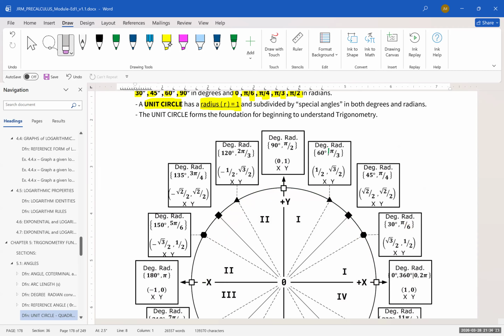The reason why I designed this unit circle this way is you'll notice this shape here, which is the intersection between the terminal side and the unit circle. I marked that with a hexagon. It's a hexagon because a hexagon has 6 sides. I used a square to represent where the terminal side and the unit circle intersect, and a square has 4 sides.